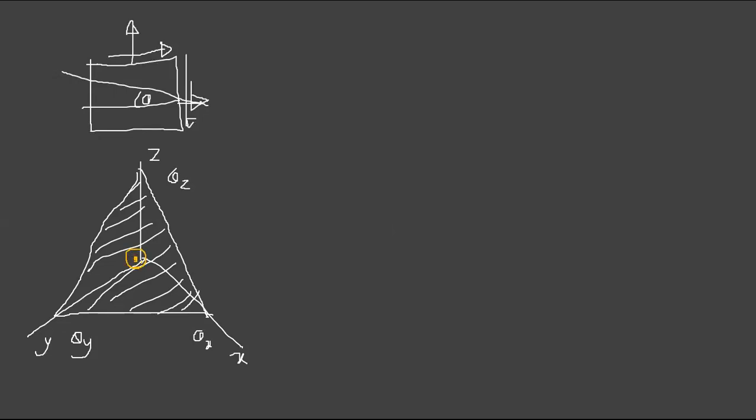This sign shows it's coming out of this plane, out of this slide, normal to this triangular plane. Let's say that is sigma n. You don't need the derivation, but you can write sigma n as follows.